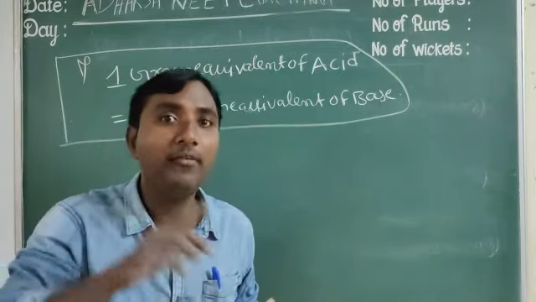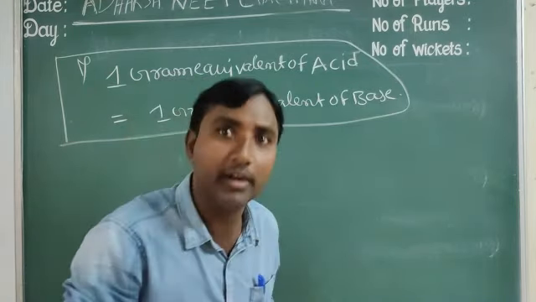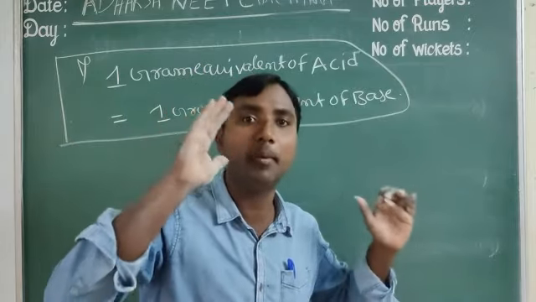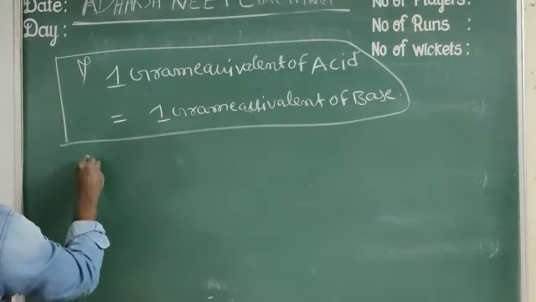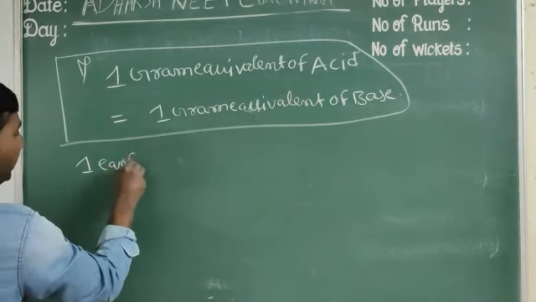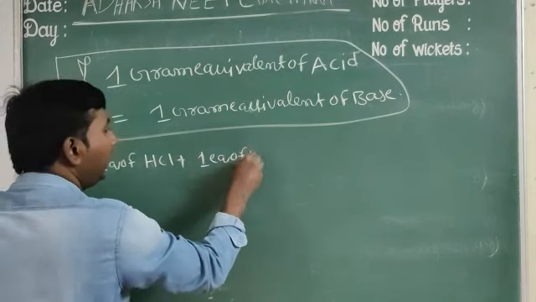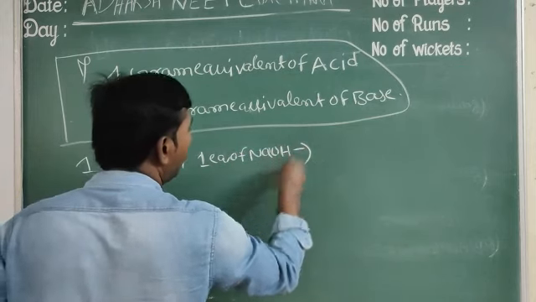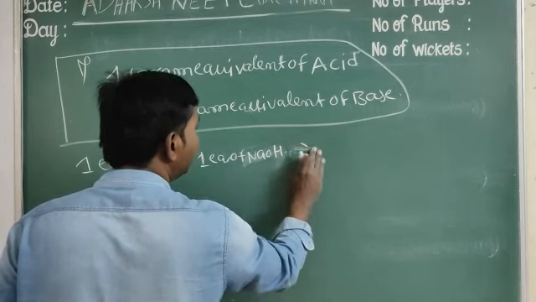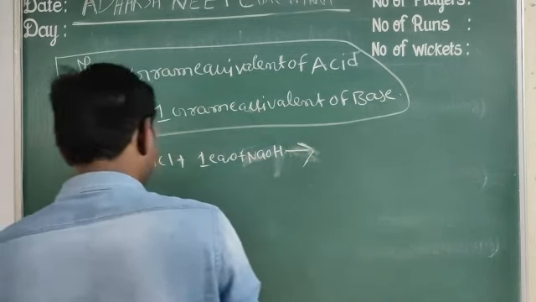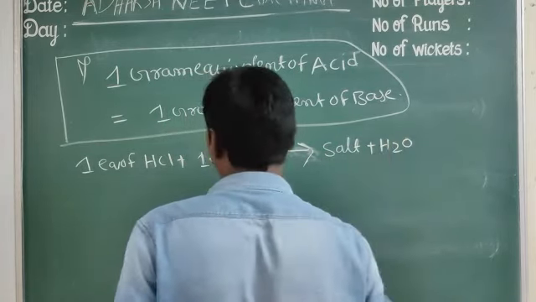Next one, equivalent equals number of moles into valency factor. These two concepts you should remember. Formulas are concepts. Okay. For example, 1 equivalent of HCl plus 1 equivalent of NaOH gives rise to salt plus water.